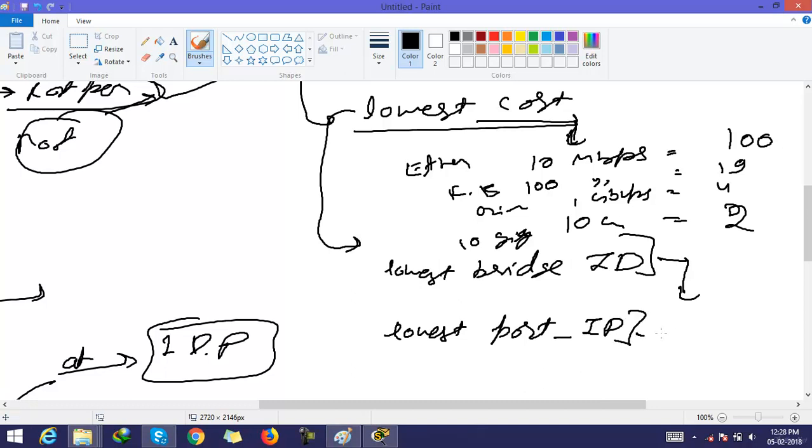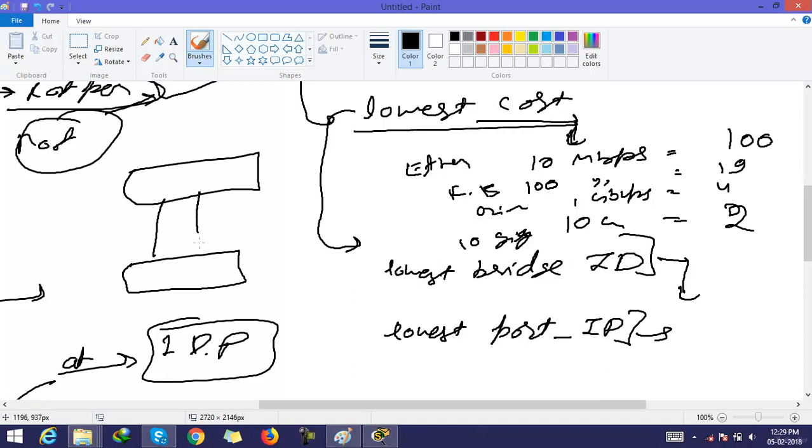Here the port ID means the port connected to the lowest port number on the upstream switch will be the one used. For example, if the scenario is like this: this is switch A, this is switch B, and this is our root bridge.